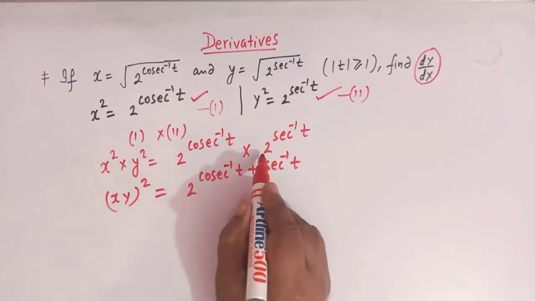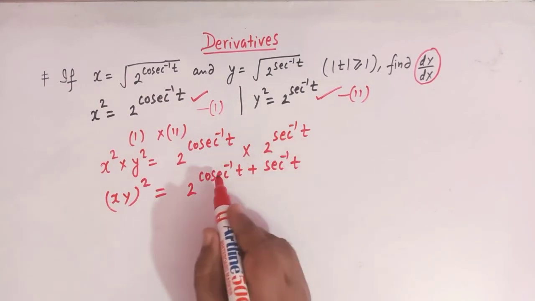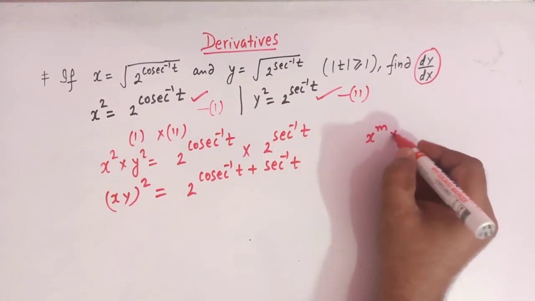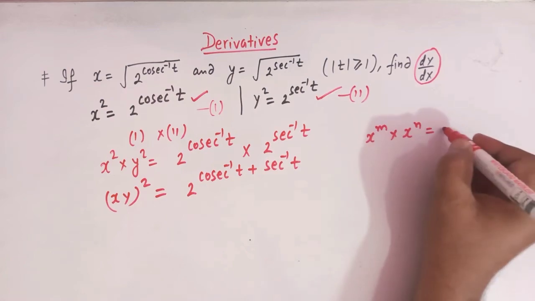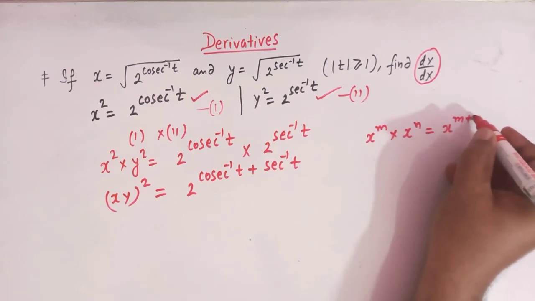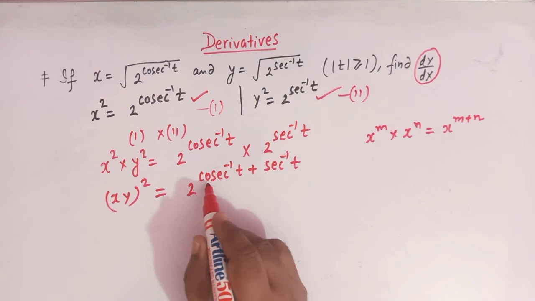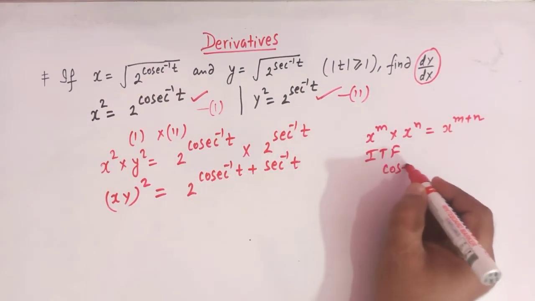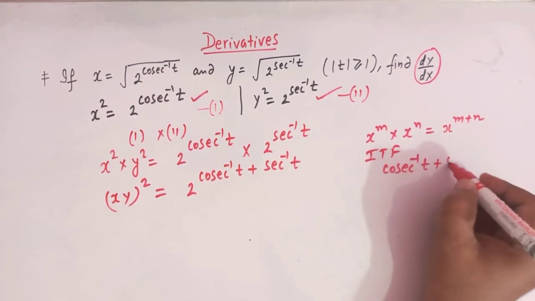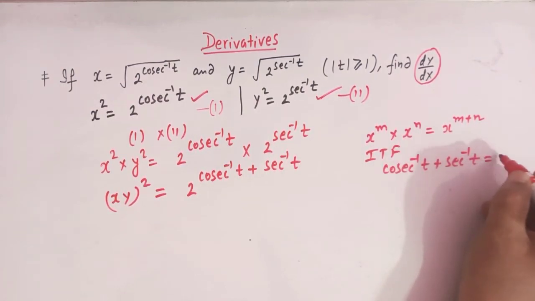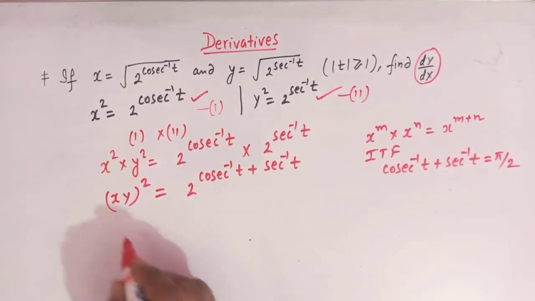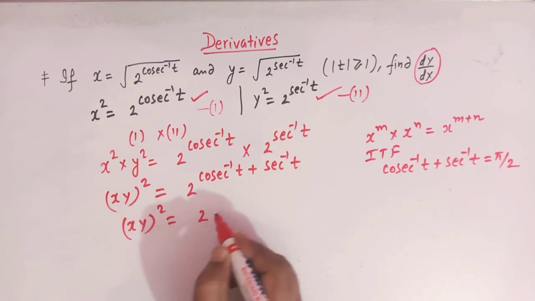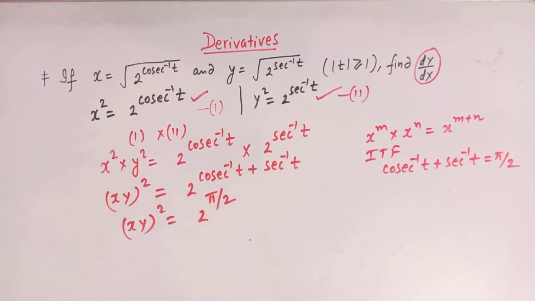Because the bases are same, so we can easily add the exponents, right? So here we have used x raised to m times x raised to n is equal to x raised to m plus n, right? So now from inverse trigonometric functions, cosec inverse t plus sec inverse t is equal to pi over 2, right? So we have xy whole square, and here we have 2 raised to pi over 2, right?